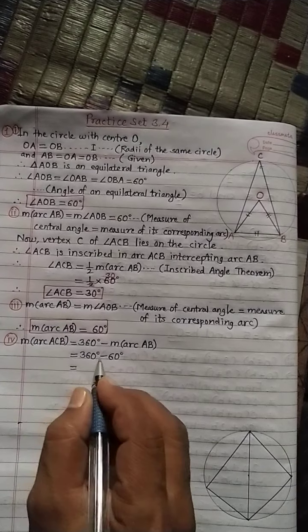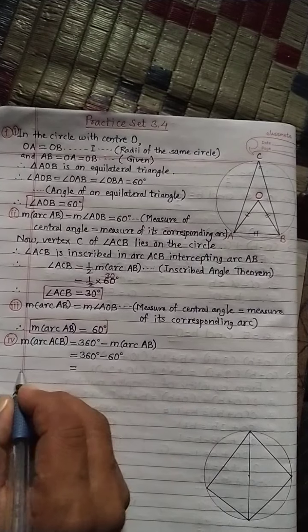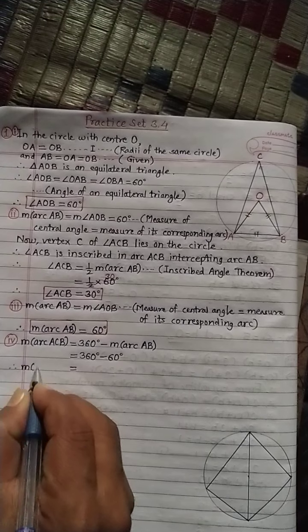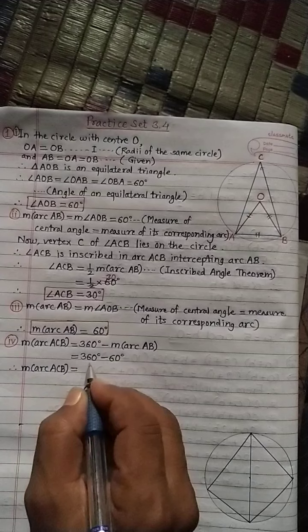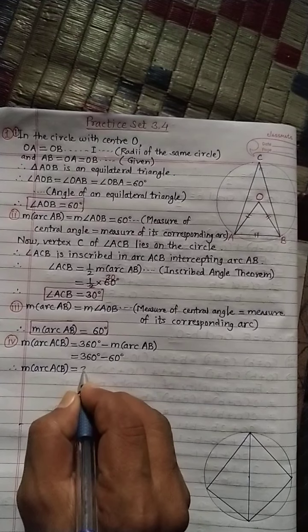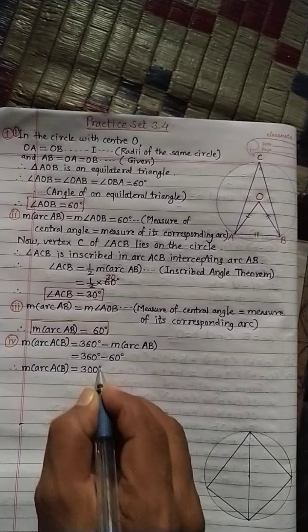So 360 minus 60, measure of arc ACB is equal to 360 minus 60, which is 300 degree.